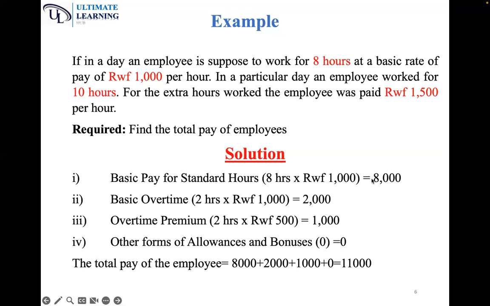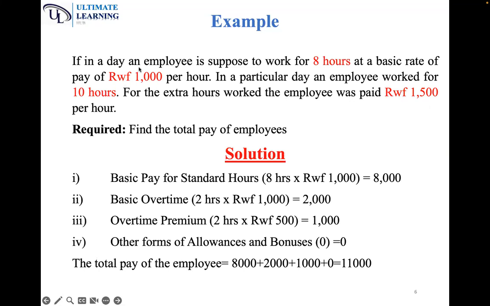That gives you a total of 8,000. Now you are asked, what is the basic overtime? The overtime hours were 2, that is 10 minus 8, and for the overtime period he was being paid at a rate of 1,500.